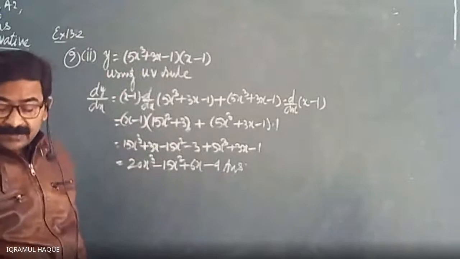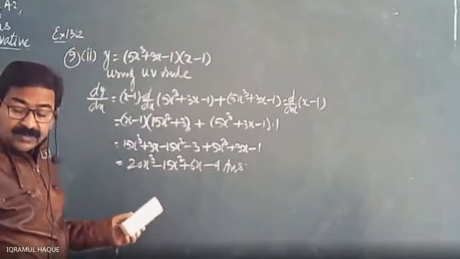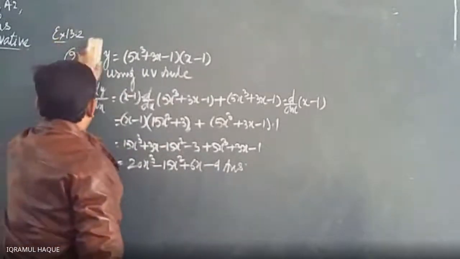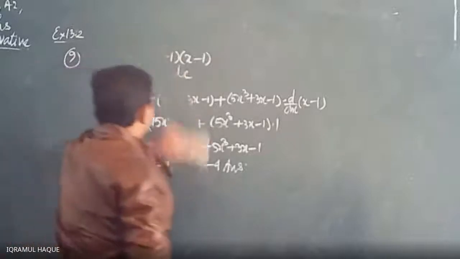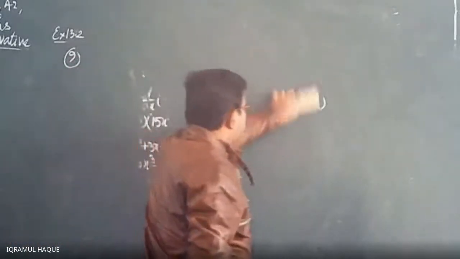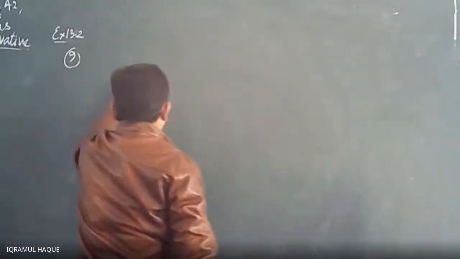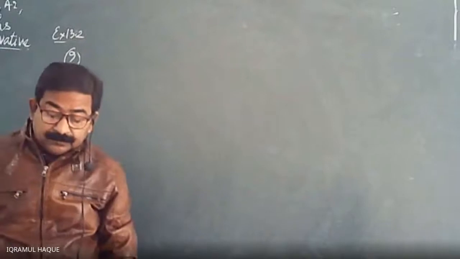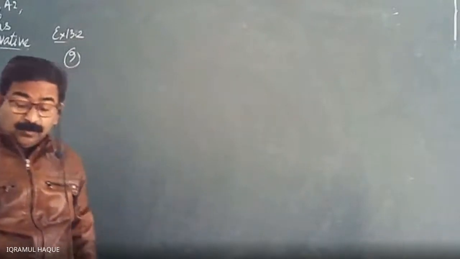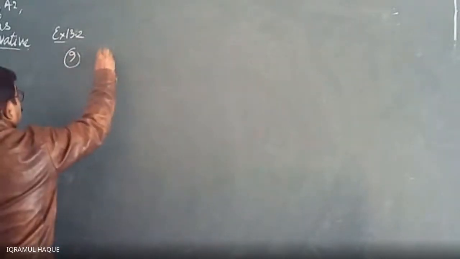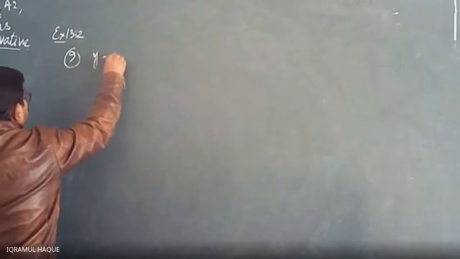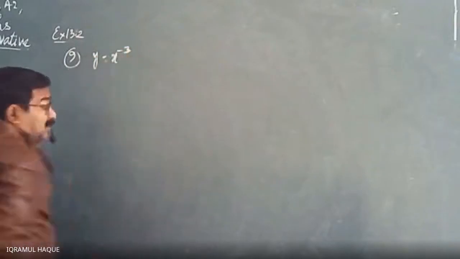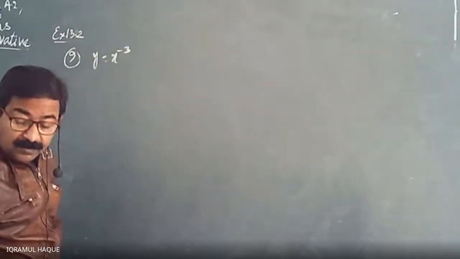Let's see its third part. Third part is y is equal to x cube, x to the power minus 3, 5 plus 3x.